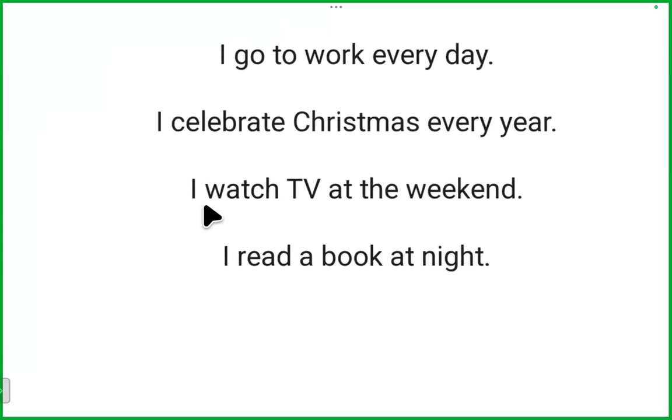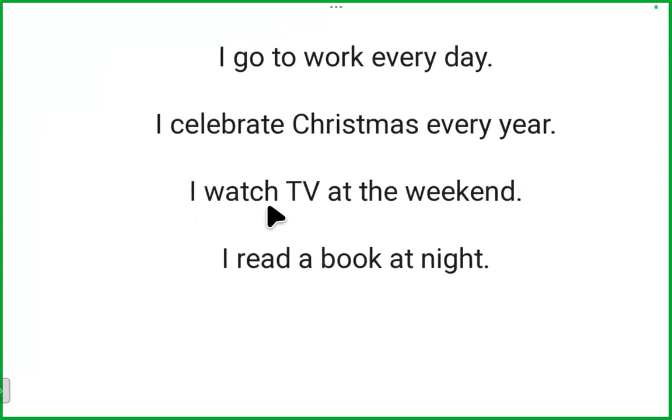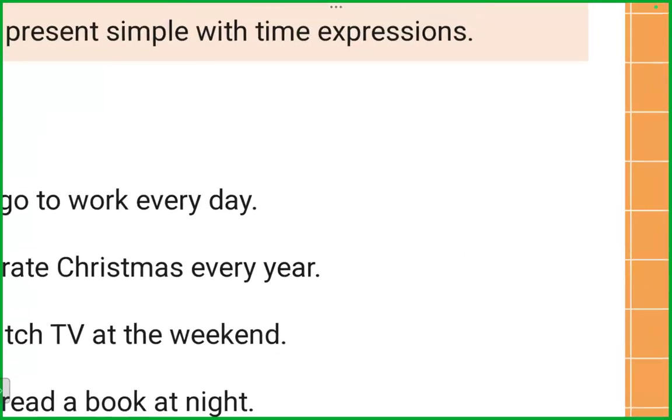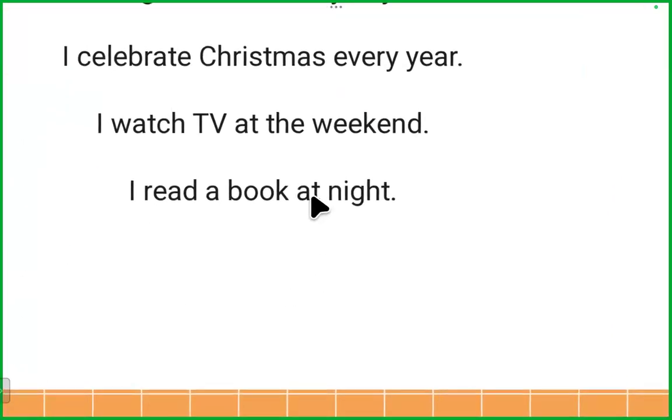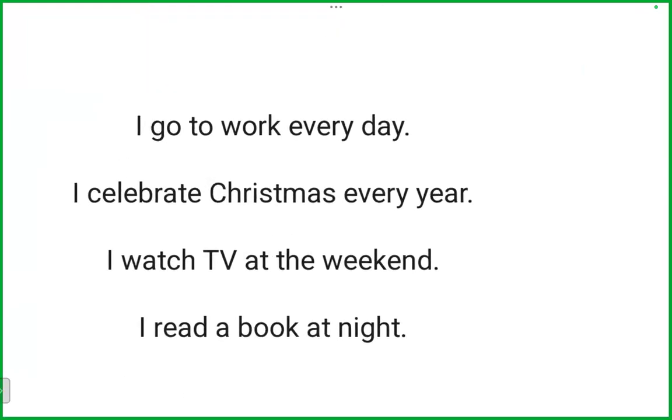So in number three, I watch TV at the weekend. And in sentence number four, the time expression is at night. I read a book at night.